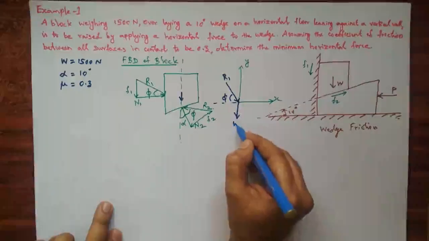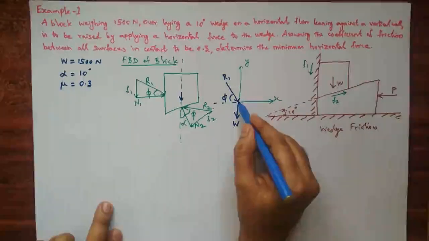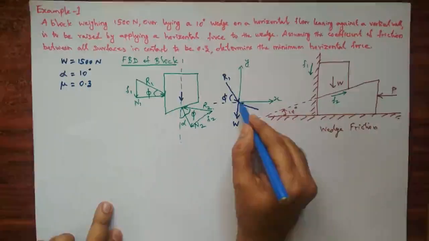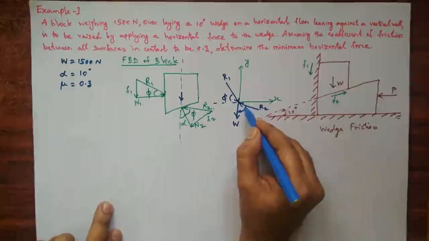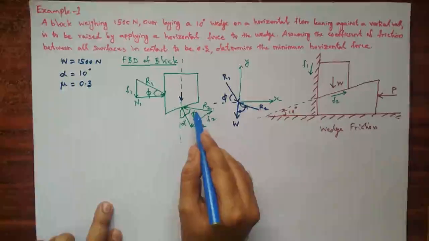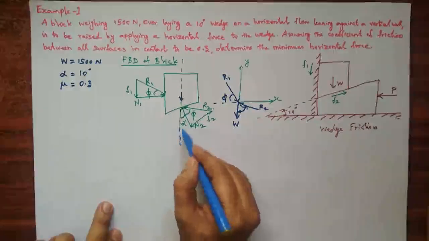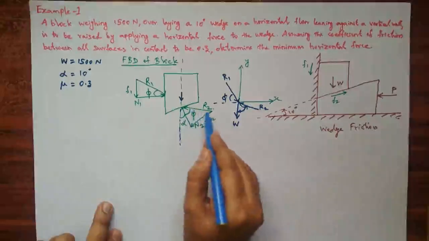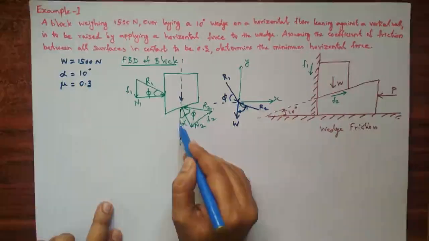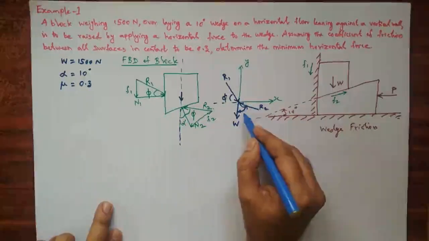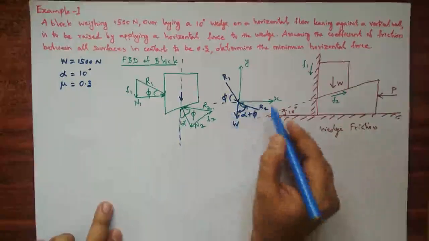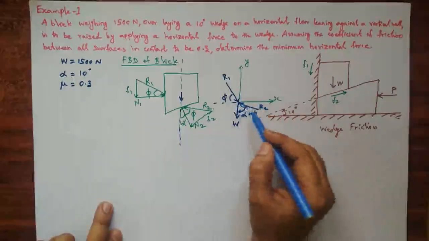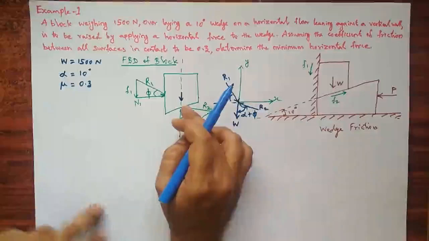This is W, and this is R2. With respect to the vertical axis, the angle is alpha plus phi. So this is the free body diagram for this object.